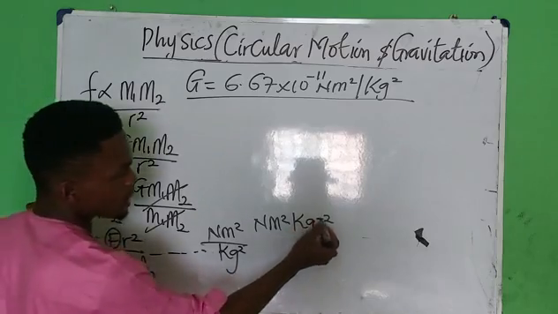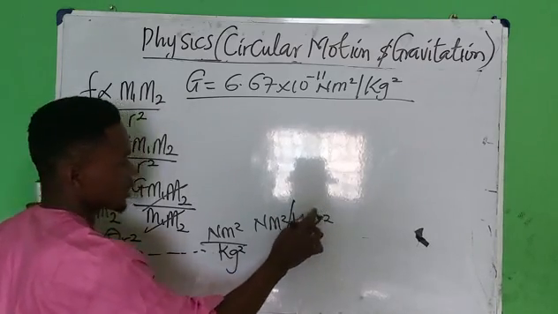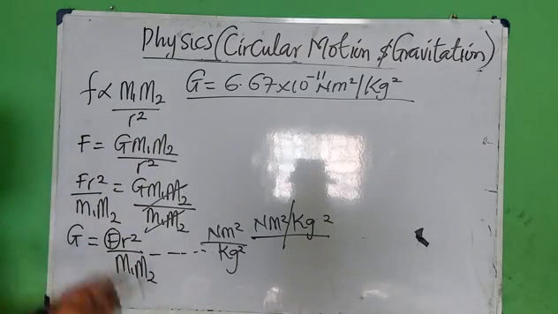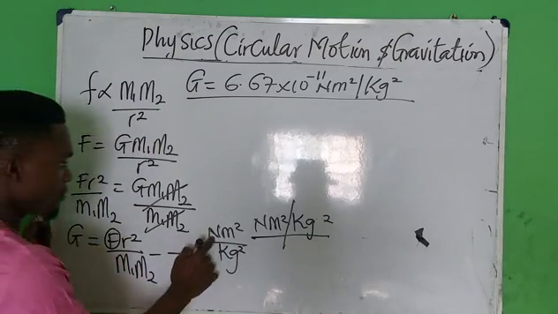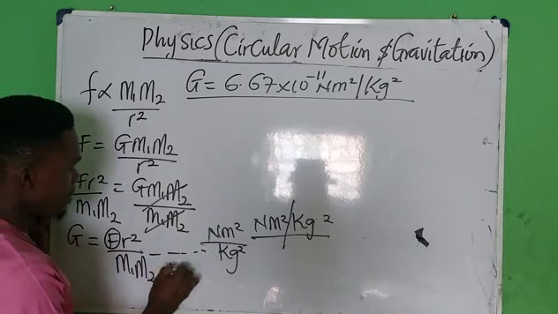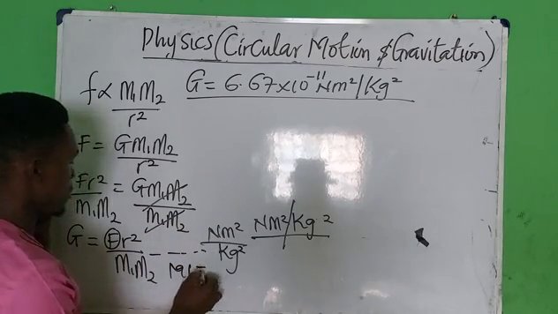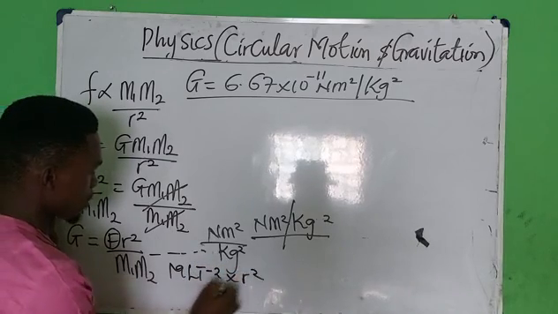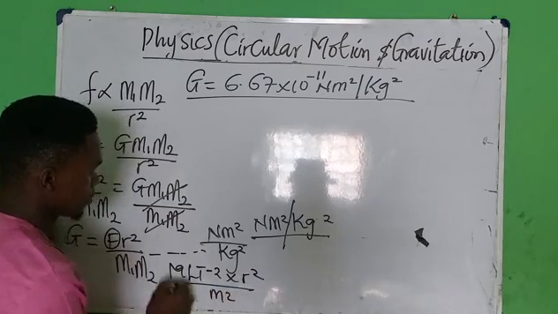So for me to cancel out this minus, I'll just put a slash here, then I'll have my value. So this is what you have it to be. In terms of dimension, it will become a different thing entirely, but I don't want to go there. Mass is M, L T minus 2 times r squared over m squared.